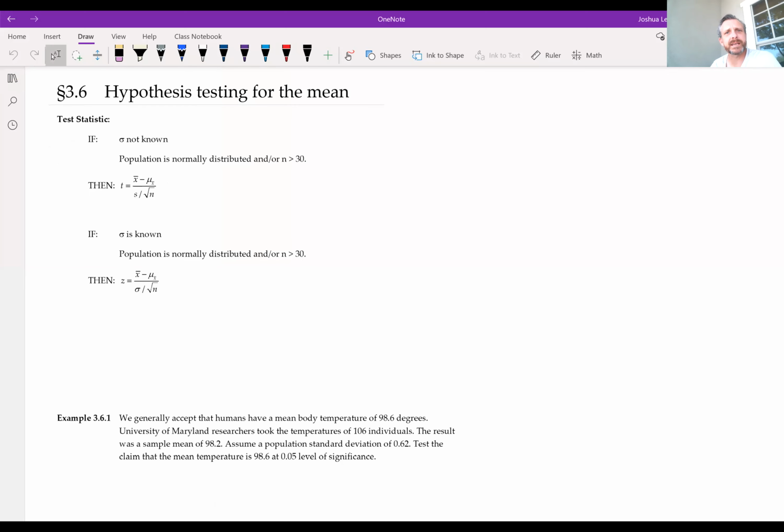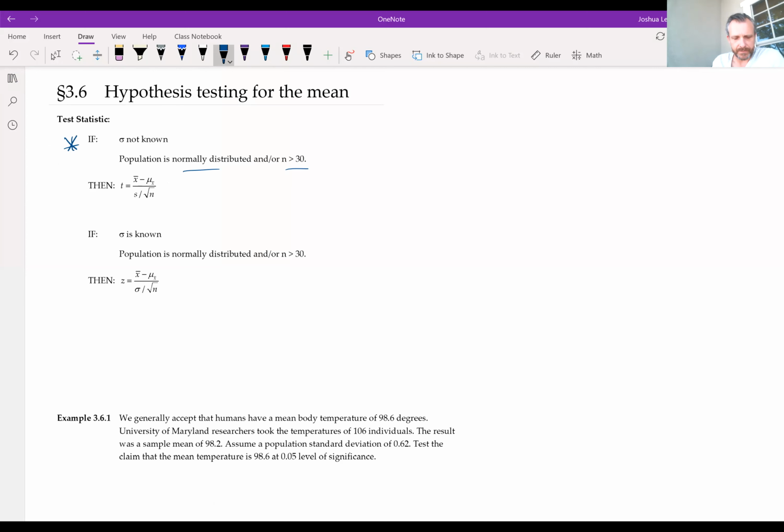So hypothesis testing for the mean. First situation, which is really the more common situation, if we don't know sigma, if sigma is not known, then we need a normally distributed population or n greater than 30.